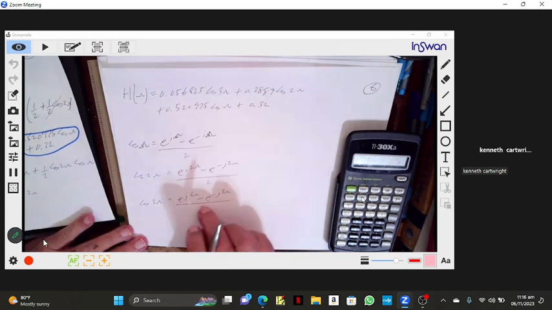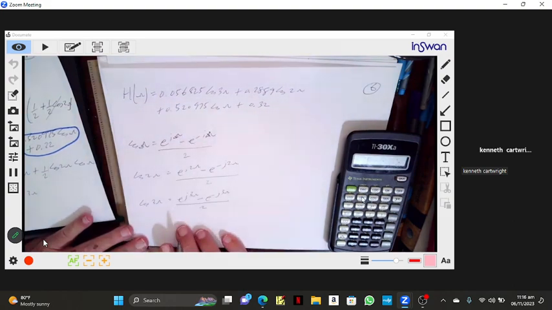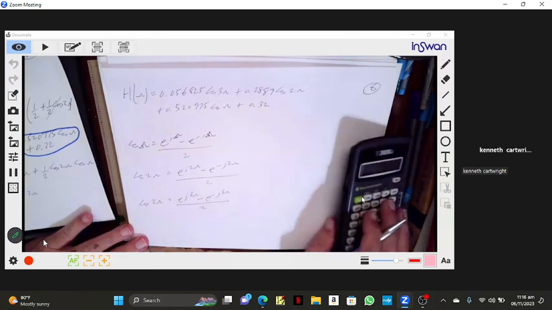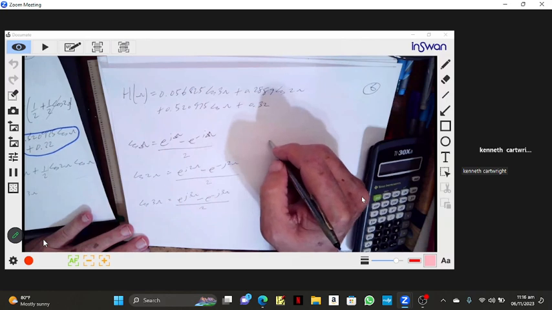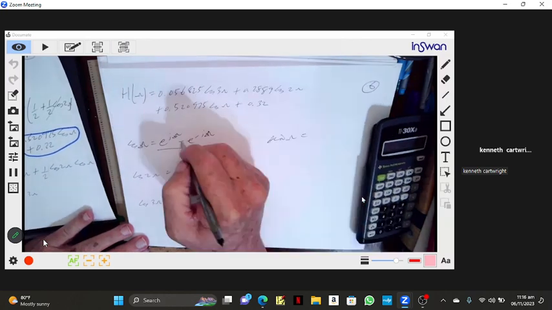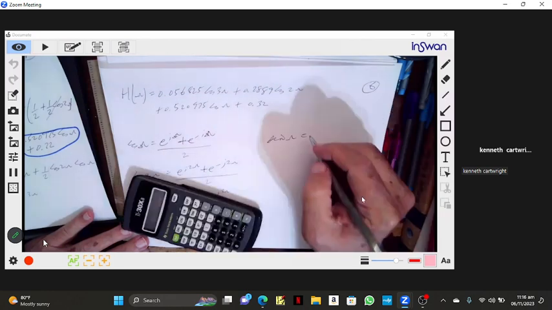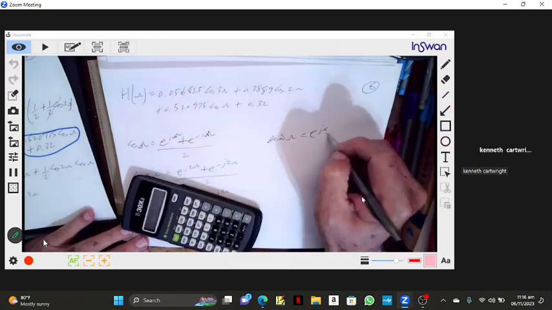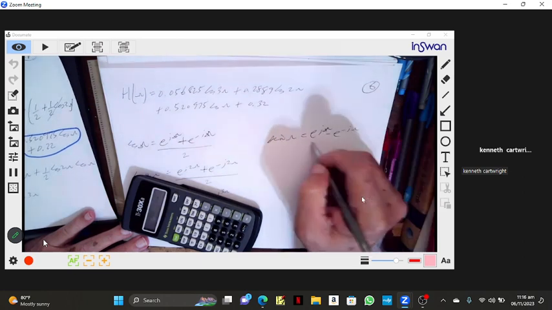Well, not these two, but these two just follow from that. I showed you this in 320. And likewise, sine omega, we don't need it for this problem, but sine omega is e to the j omega minus e to the minus j omega over 2j.